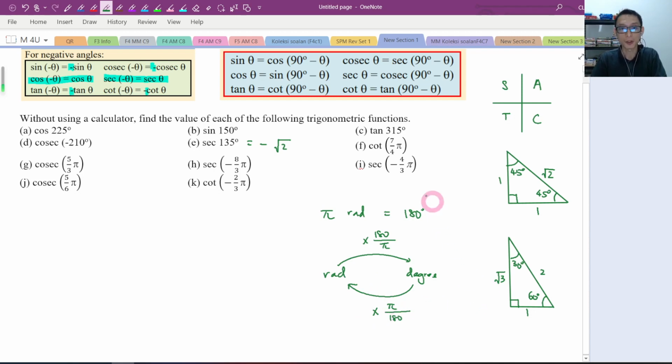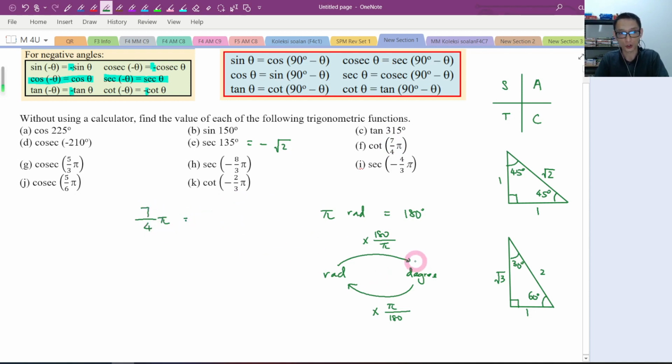Okay, now let me show you this one. 7/4 pi. If the pi makes you confused, you can change to degree. If you don't want to change to degree, it's okay too. Okay, 7/4 pi is in radian.